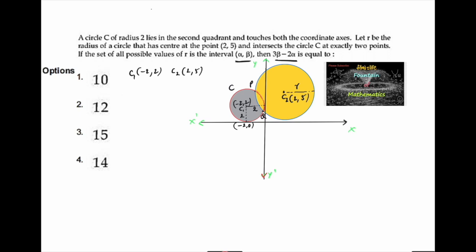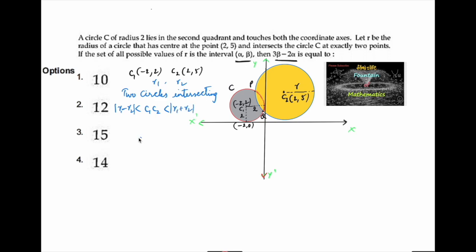So we know that two circles with the centers C1 and C2 and radii R1 and R2 intersecting, then we can take the condition C1C2 lies between mod of R1 minus R2 and R1 plus R2.